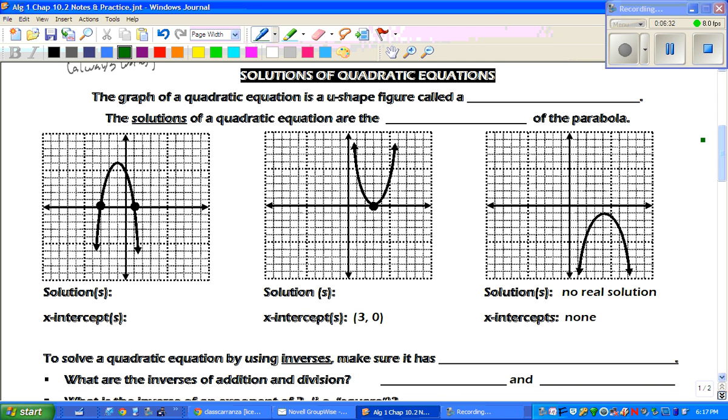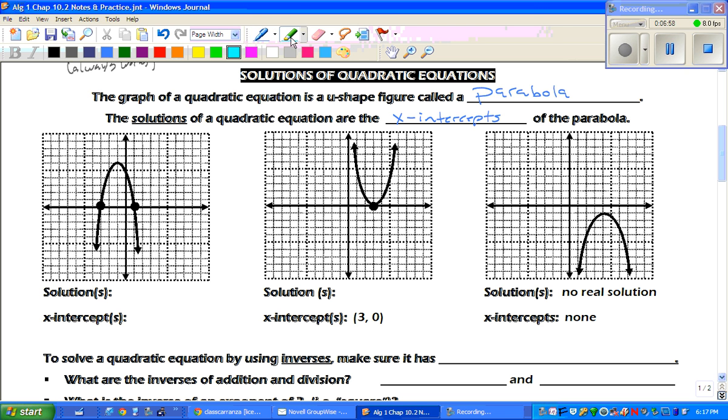Now, solutions of quadratic equations. The graph of a quadratic equation is a U-shaped figure. We've talked about this. Remember that the name of it is called a parabola. The solutions of a quadratic equation are the x-intercepts. Once again, a review from yesterday.